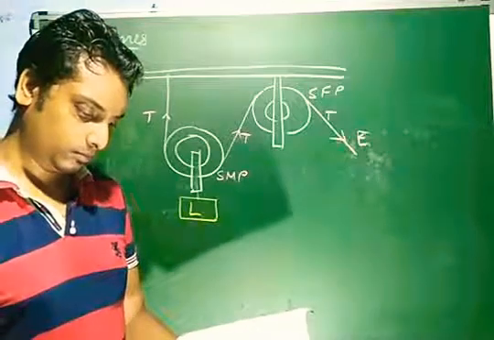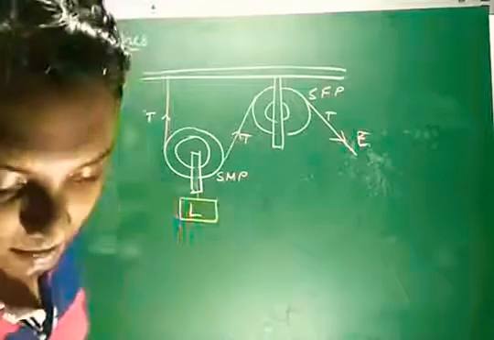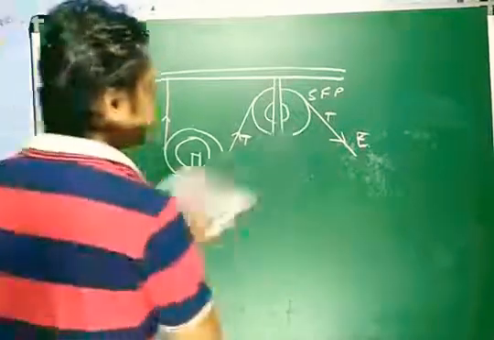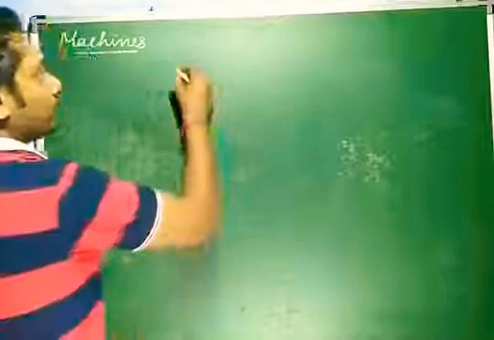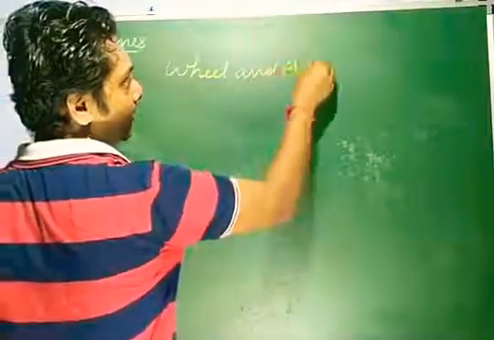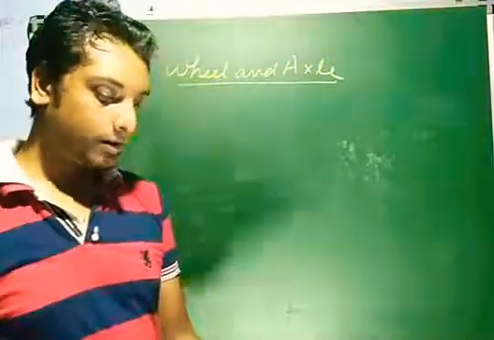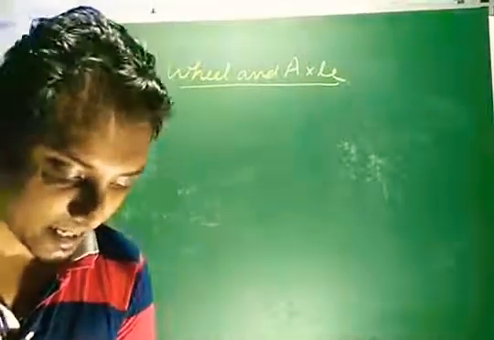Okay, so next is the next kind of machine, let me discuss that too. The next kind of machine is known as wheel and axle. Okay, now let's try to understand what is wheel and axle.